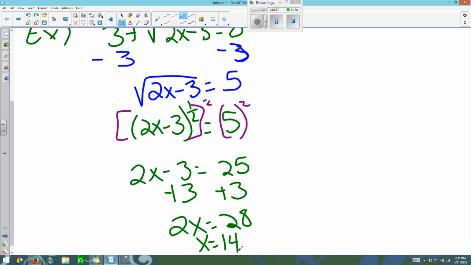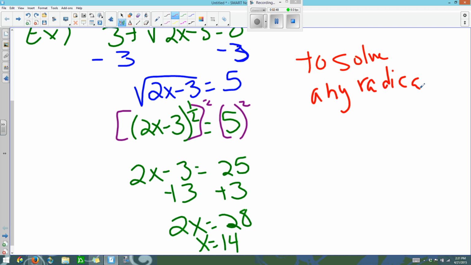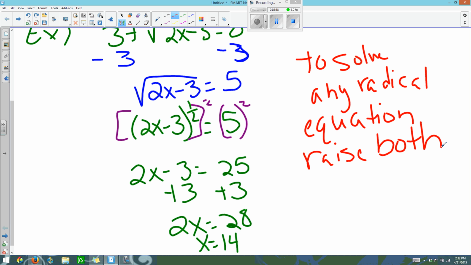So basically, in general, to solve any radical equations, raise both sides by the reciprocal.